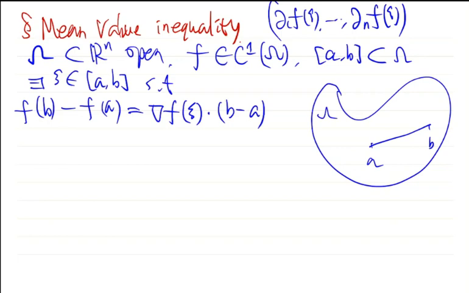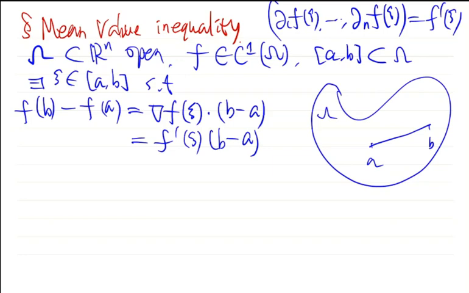So the inner product is the transpose, that is the row vector multiplied by the column vector, to obtain the inner product, which is a real number. So you see that this is precisely f prime c, so this can be written as f prime c times (b minus a).